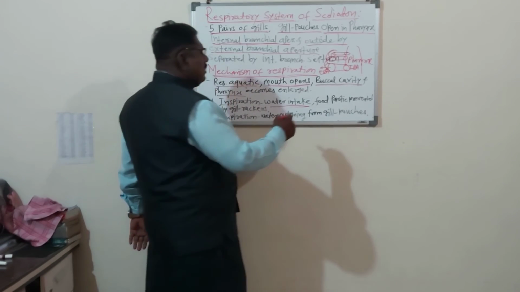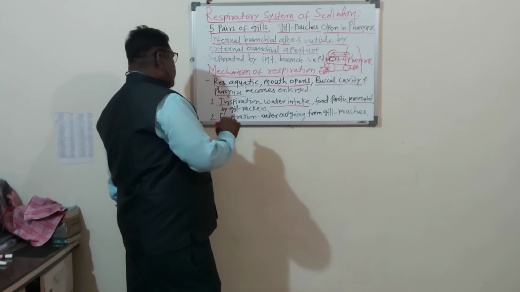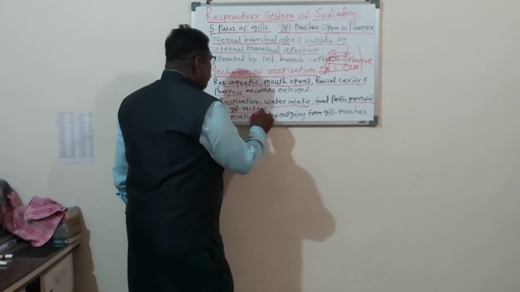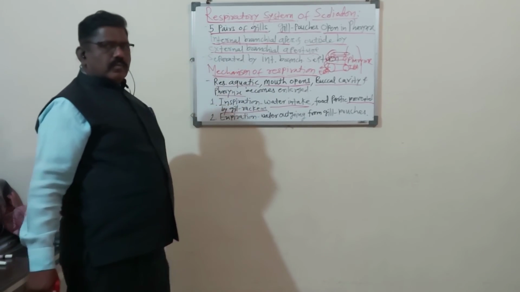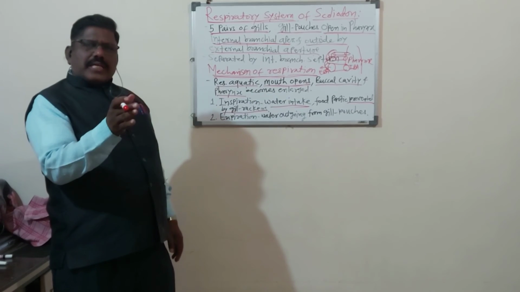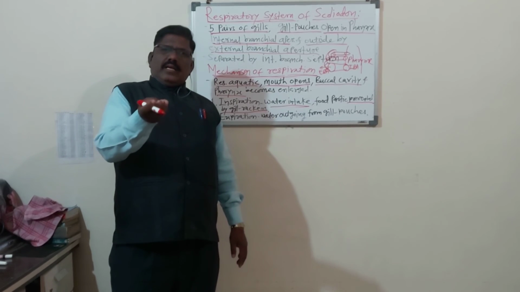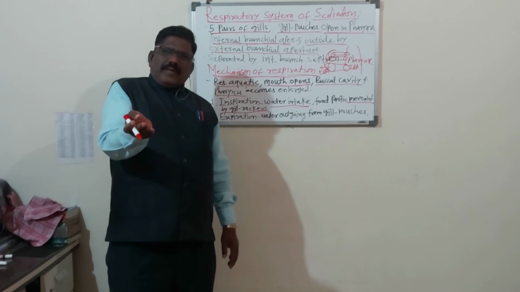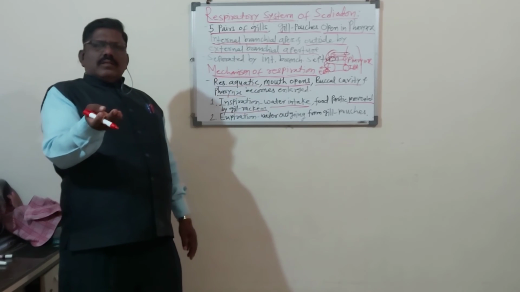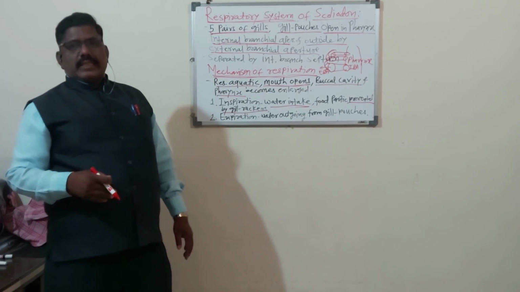So that prevention of the food particle or any other material is with the help of gill rakers. गिल्स मध्ये गिल रॅकर्स असतात आणि गिल रॅकर्स काय करतात की पाण्याच्या बरोबर काही न्यूट्रिटिव्ह मटेरियल, फूड मटेरियल किंवा काही वेस्ट मटेरियल, पाण्यामधली घाण जर फॅरिक्स मध्ये गेलेली असेल तर त्याला श्वासोच्छ्वासामध्ये जाऊ देत नाही.